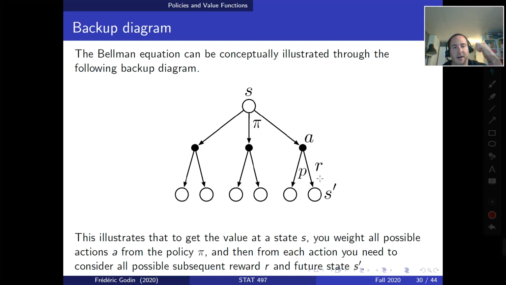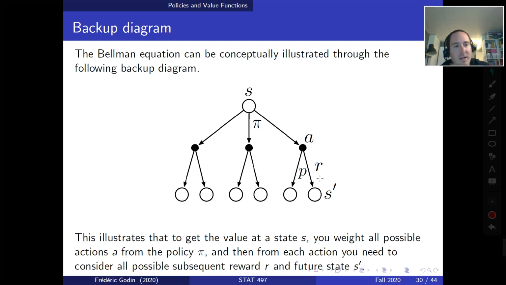By scenario, I mean the next action, the next reward, and the successor state. So it's an average weighted by their probability of happening of the next reward plus the discount factor times the value function at the next state.